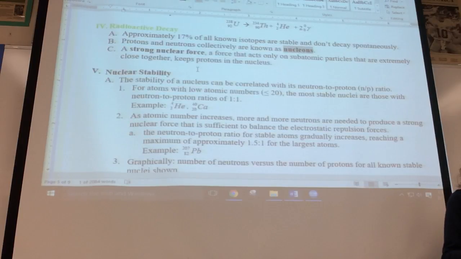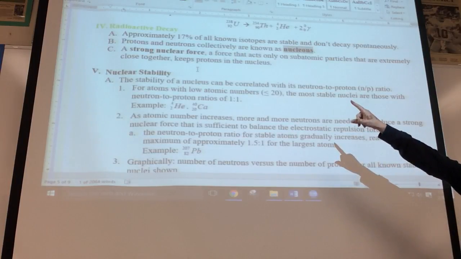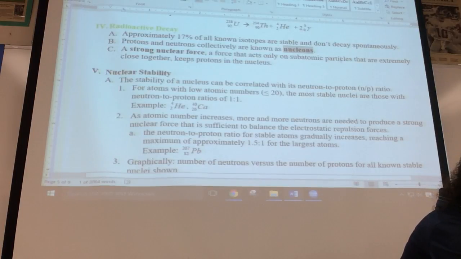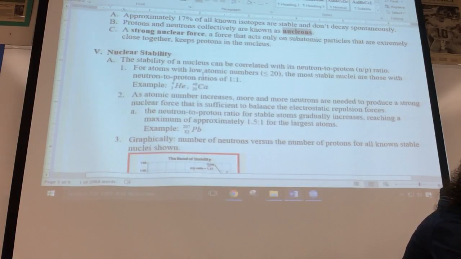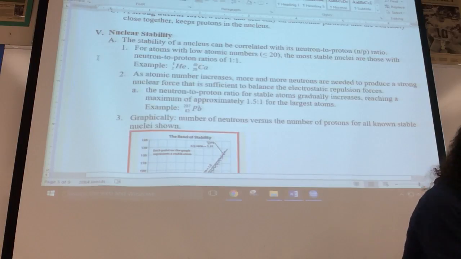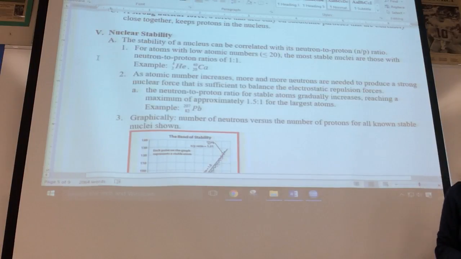So you need something that will oppose that electrostatic repulsion. And what opposes that is a strong nuclear force. And that force acts on those subatomic particles that are very close together, keeping those protons and neutrons in the nucleus.